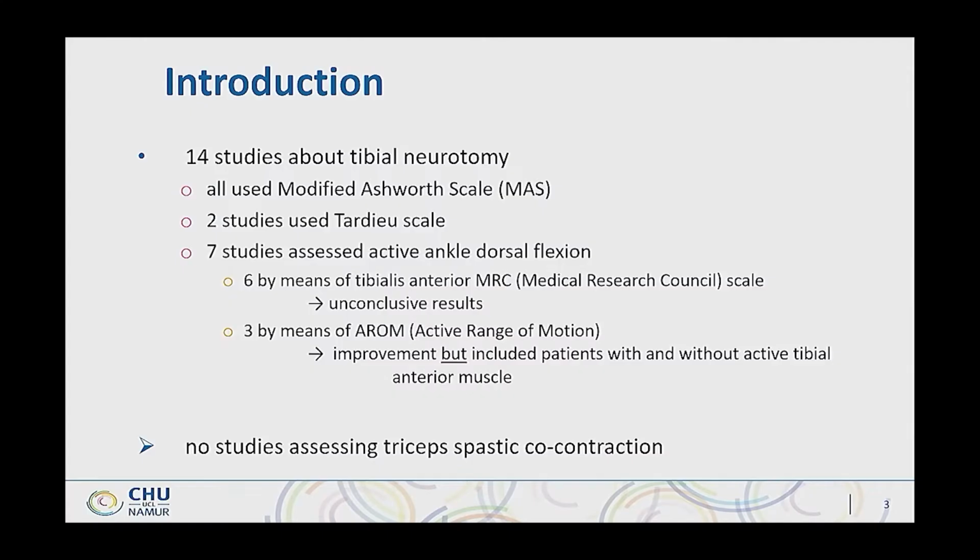Only 2 use the Tardieu scale. 7 deal with active ankle dorsiflexion, active movement. 6 by means of the Held-Tardieu scale, and we all know the limitation of this scale in traumatic brain injury and stroke patients. And only 3 deal with active range of motion as measured by ankle.